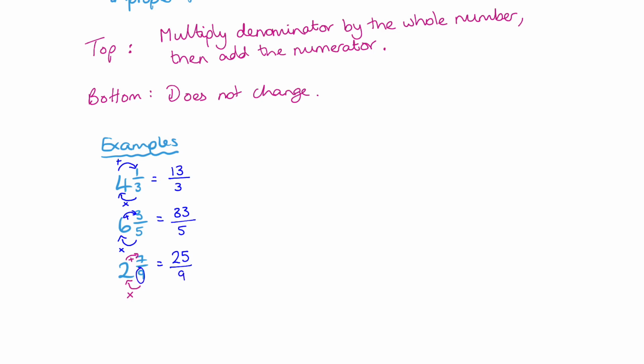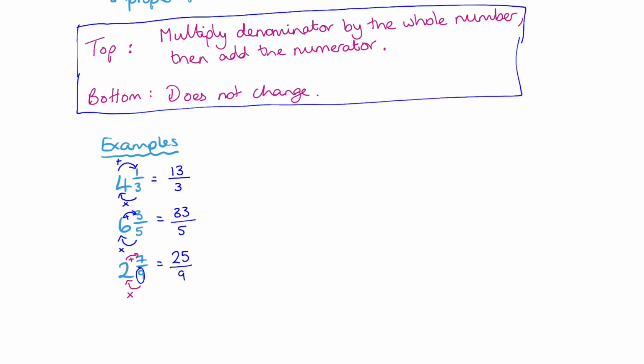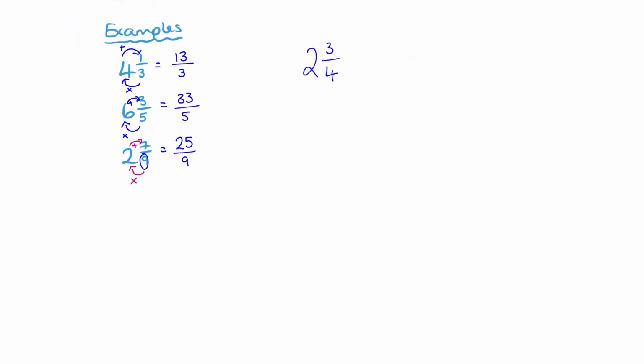Okay, so this is our rule here. Multiply the denominator by the whole number, then add the numerator, and the bottom doesn't change. But when we've got, for example, our fraction like this as a mixed number, all we're doing is this times this, and then add that, and it goes on the top. Okay?